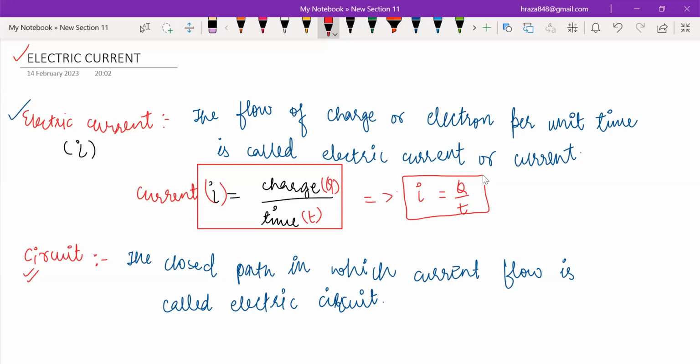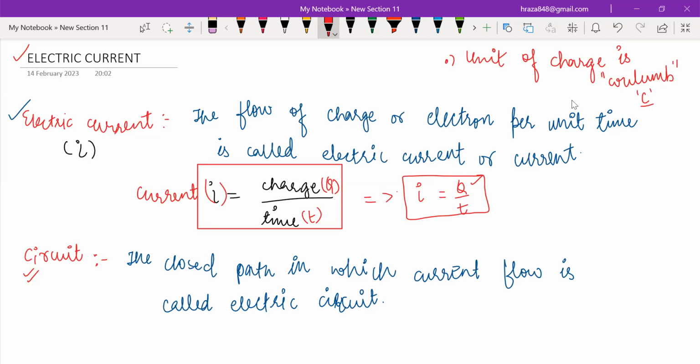Can you tell me what is the unit of charge? Coulomb.